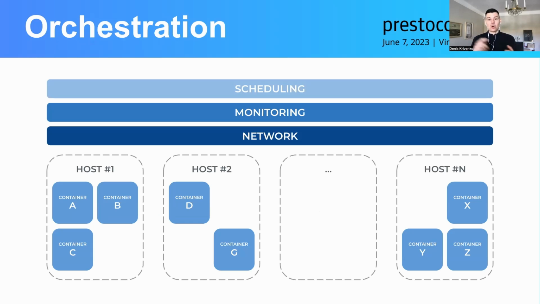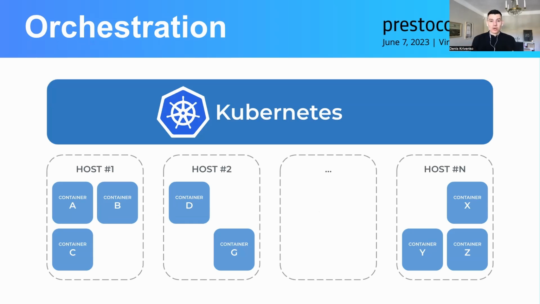We need common network, container monitoring and scheduling, some configuration system also. And Kubernetes solves these problems and actually many others. For example, Kubernetes simplifies containers usage in a cluster by introducing convenient abstractions.